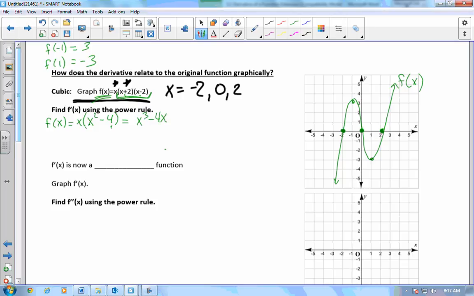Will you please find f prime of x using the power rule? Okay, Rebecca, what do you have for us?